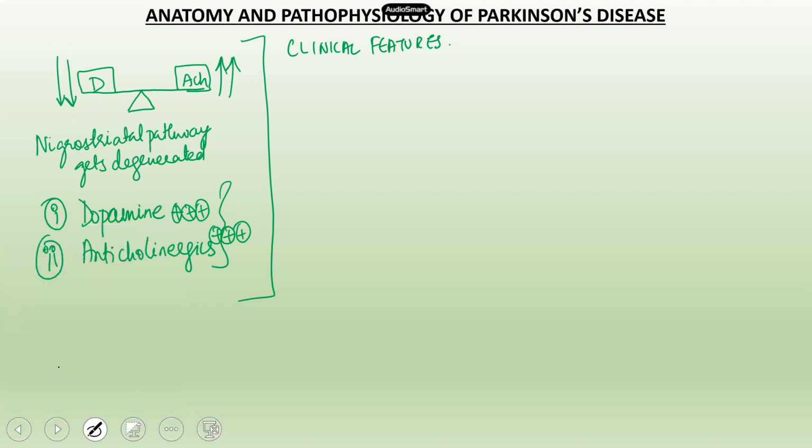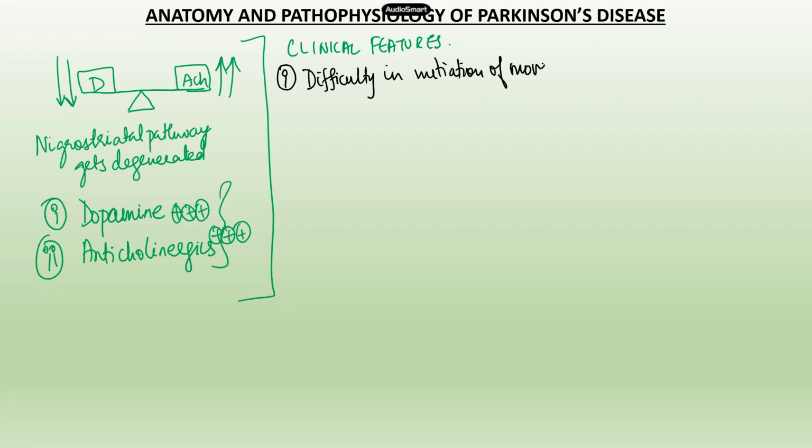Now the clinical features, the first clinical feature is that there will be difficulty in initiation of movements. Right. Now this is because of less dopamine, because the initiation was done when dopamine was being released into the basal ganglia.